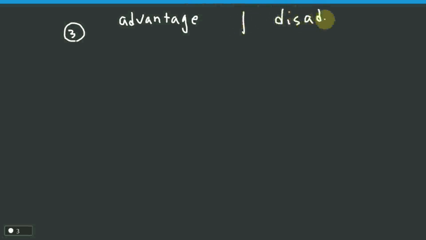Number three advantage of licensing, as I told you, you might gain profit using royalty.